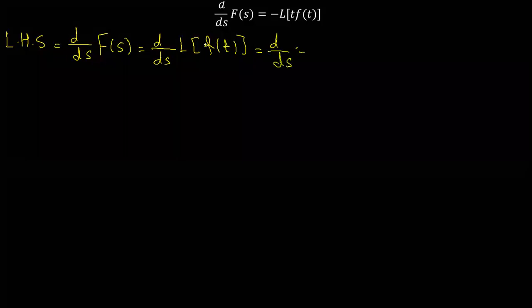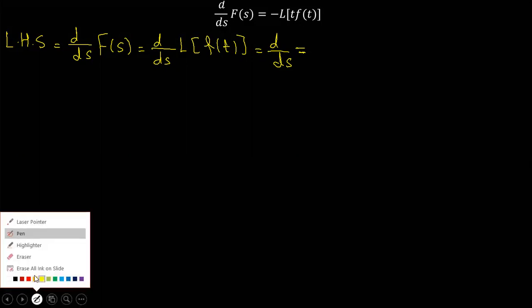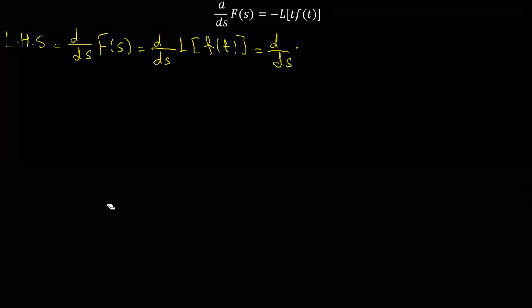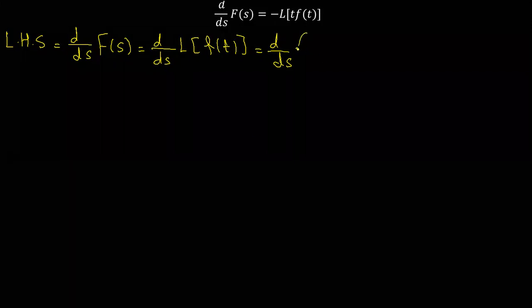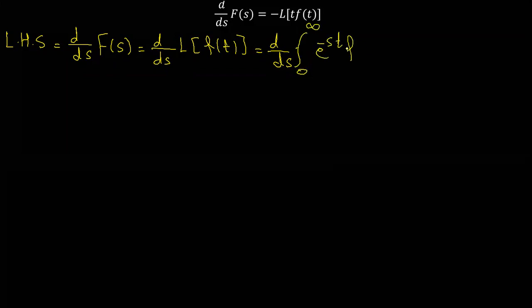The integral from 0 to infinity. You are right, but give me one minute. It's the integral from 0 to infinity of e to the negative st, f of t dt.